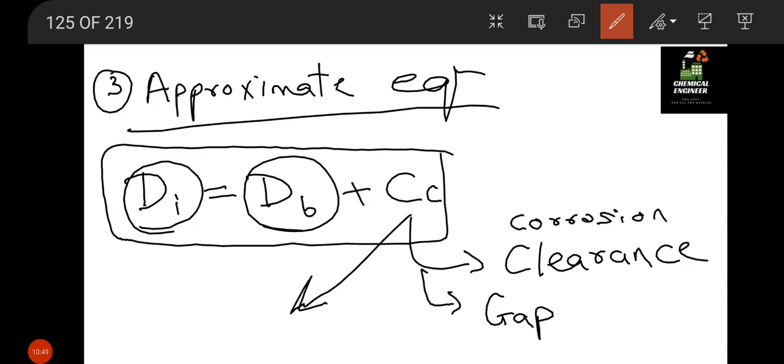So take the standard values for fixed tube and floating tube, both are different things. dB stands for the bundle diameter, which I have already discussed. Di is the shell inner diameter, ID.